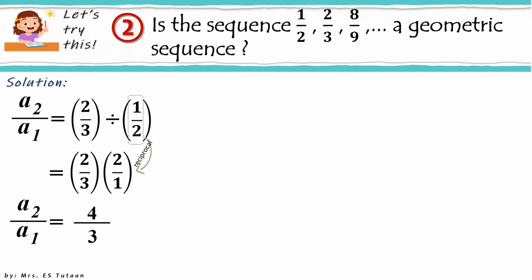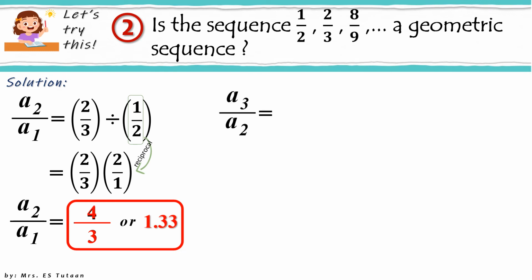So, ang ating ratio for the first pair of terms is 4/3. Or, kung gagawin natin yung decimal, that is equal to 1.33, rounded off to the nearest hundredths or 2 decimal places. So, yan ang ating first ratio for the first pair of terms.